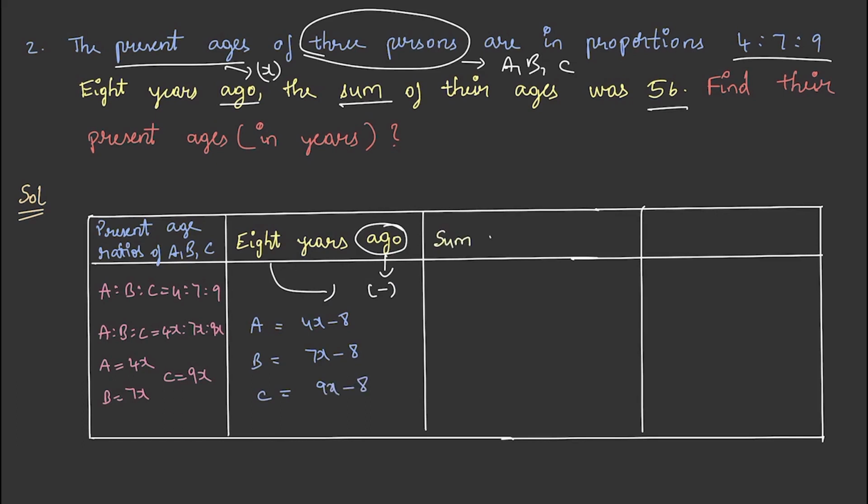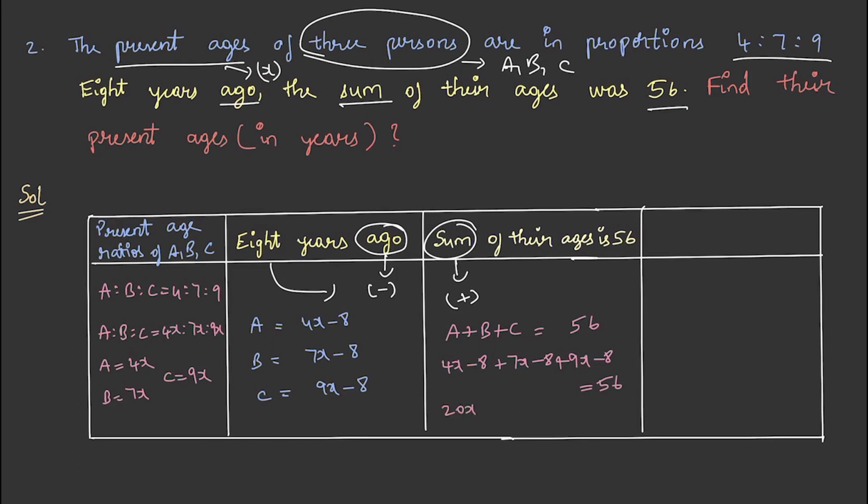It is given that the sum of their ages was 56, 8 years ago. If it is sum, then you have to add. So, A plus B plus C is equal to 56. Therefore, 4x minus 8 plus 7x minus 8 plus 9x minus 8 is equal to 56. 20x minus 24 is equal to 56.